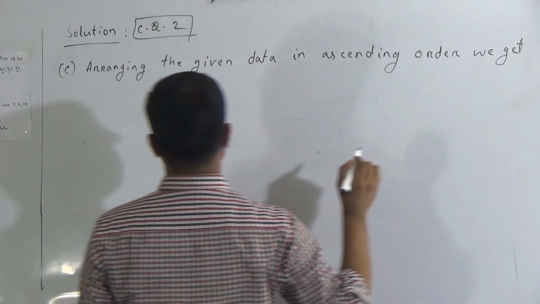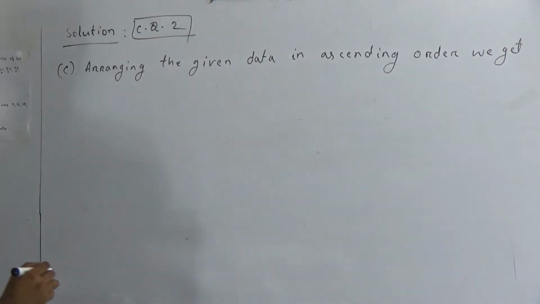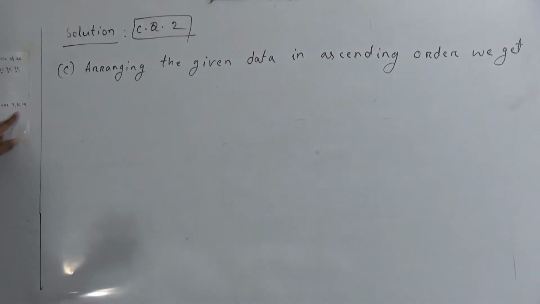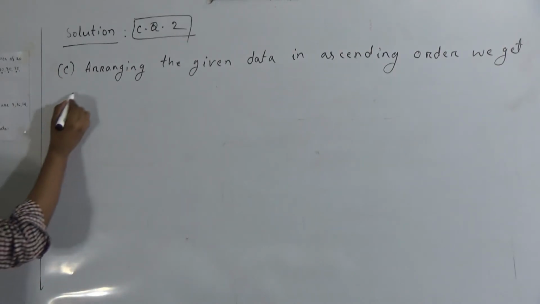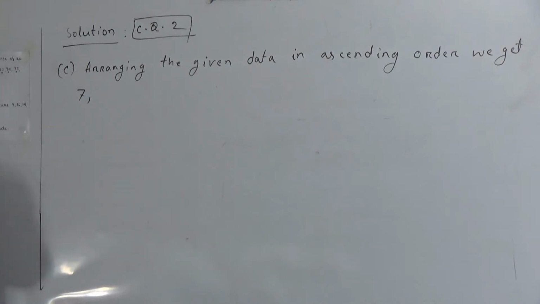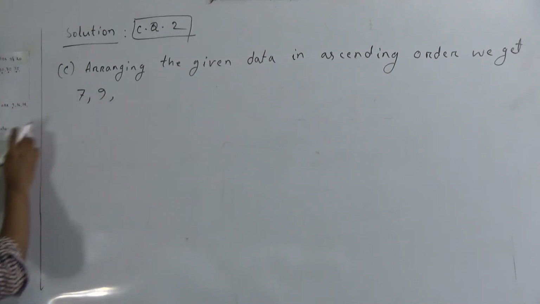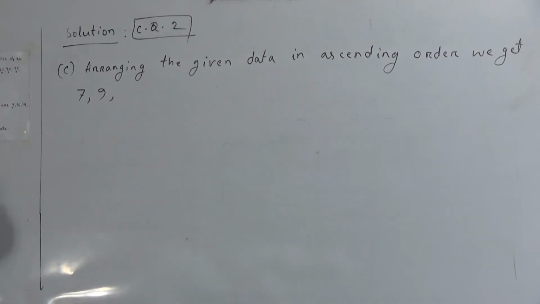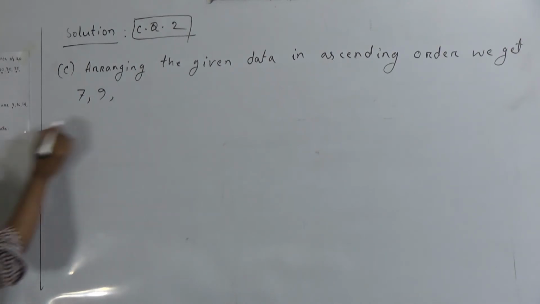I think 7 is the smallest here. So at first we will write 7. Then after 7, 9 is the smallest, so we will write down 9. Then here 11 exists. After 9 we will write now 11.